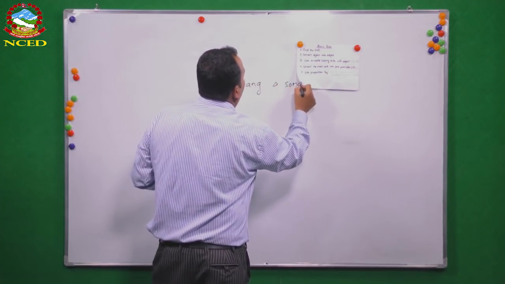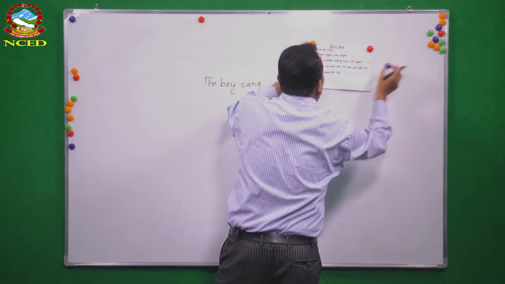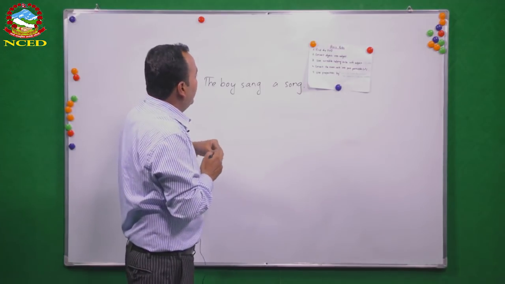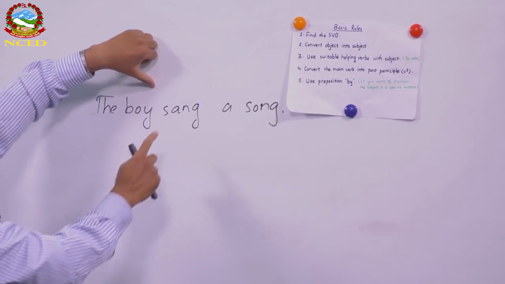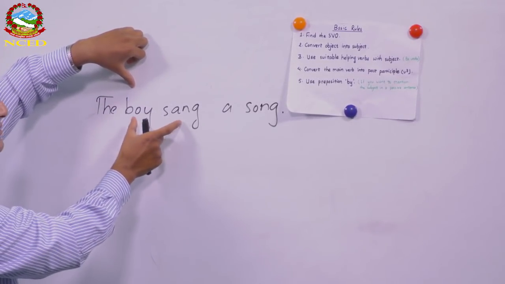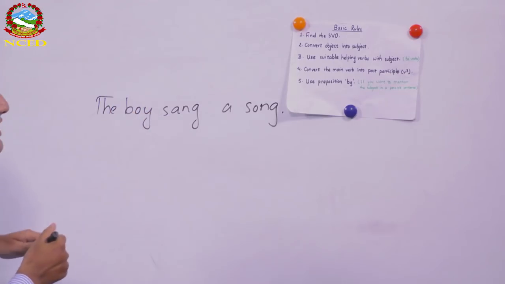The boy sang a song. Now, in this sentence, who sang? The boy sang. The boy sang means the relation between the verb and the subject is active. That's why it's active voice.